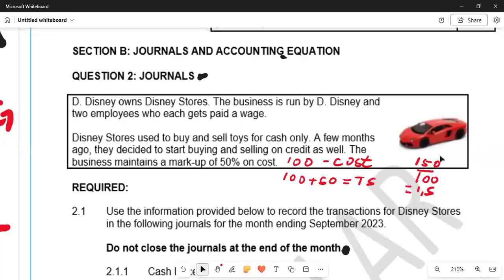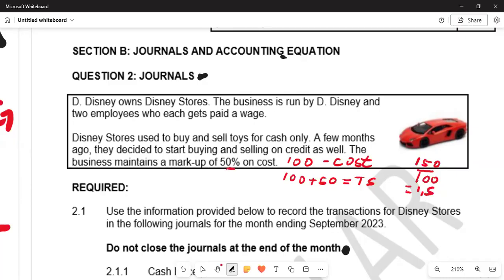We are now under the cost of sales. We want to know how we are going to get the cost of sales. We all know that the cost of sales is always 100%. Here we were told that the business maintains a markup of 50% on cost.